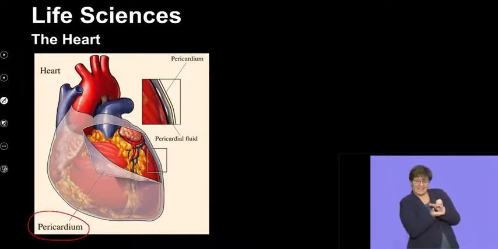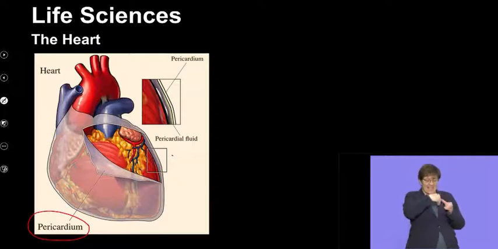And why is it in the sac? Because the heart is going to beat. It moves, right? And when it moves, you don't want it to cause friction. You don't want it to knock into anything. You want it to be in its own little place, and all that it does is it contracts and it relaxes.